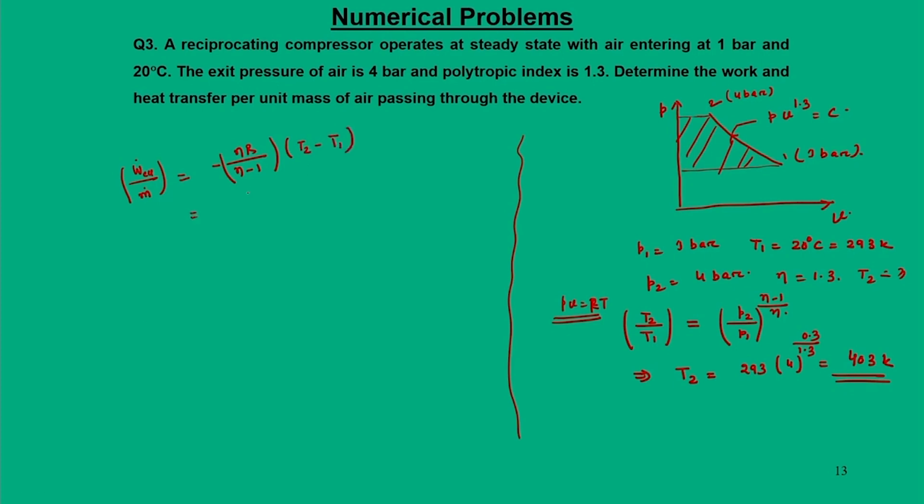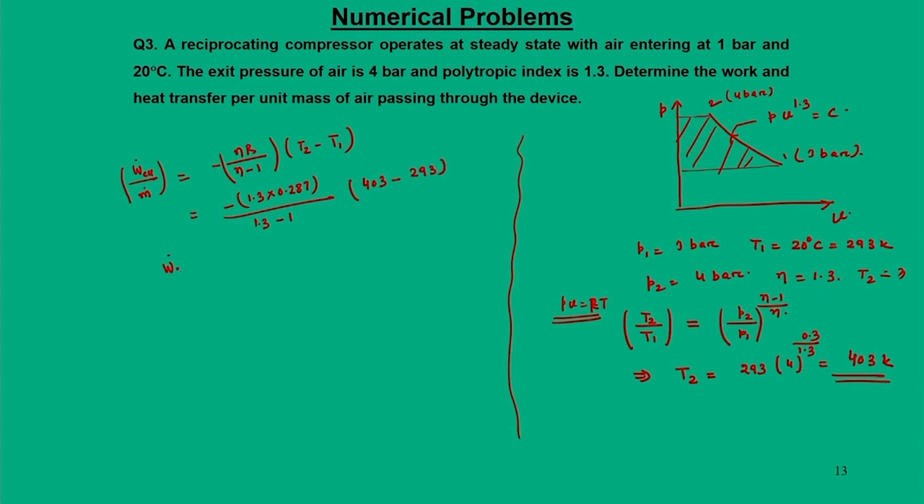So, all the numbers are given. So, it is minus 1.3 into 0.287 divided by 1.3 minus 1, T2 is 403 minus T1 is 293.